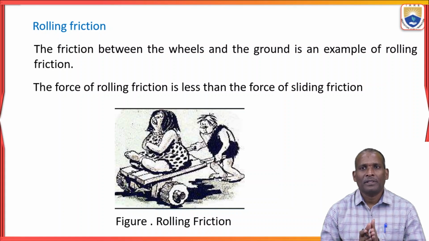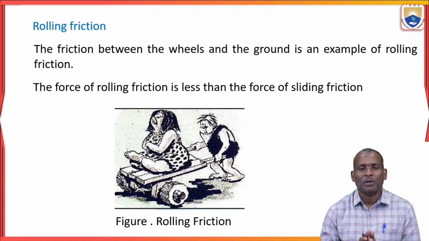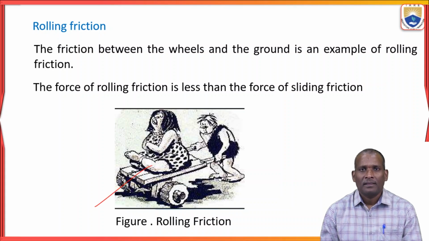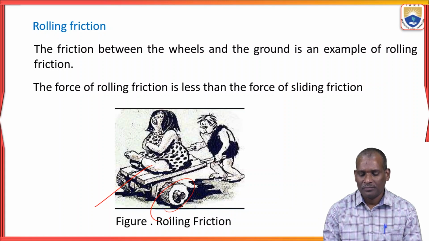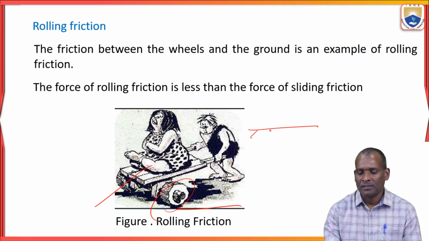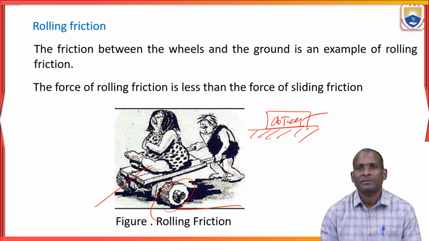The friction between the wheels and the ground is an example of rolling friction. Shown in this diagram, the friction between the wheel and the ground is very little when compared to the static friction. For static friction, suppose the ground is like this and your object is placed like this.